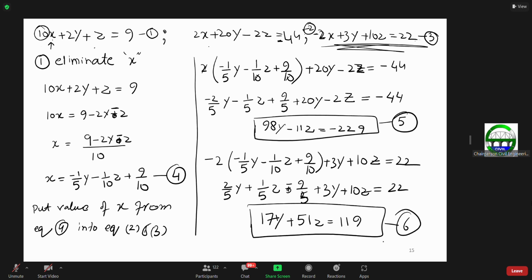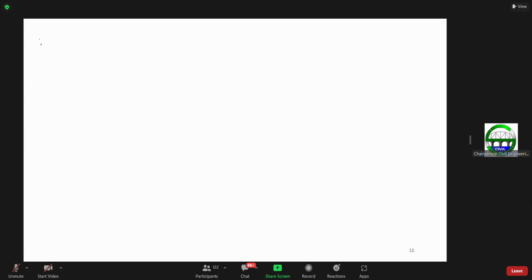Now you have to eliminate the value of y. So for elimination of y, you will use this equation and this equation, where the coefficient of y is larger in equation number 5. So using equation number 5, find y.